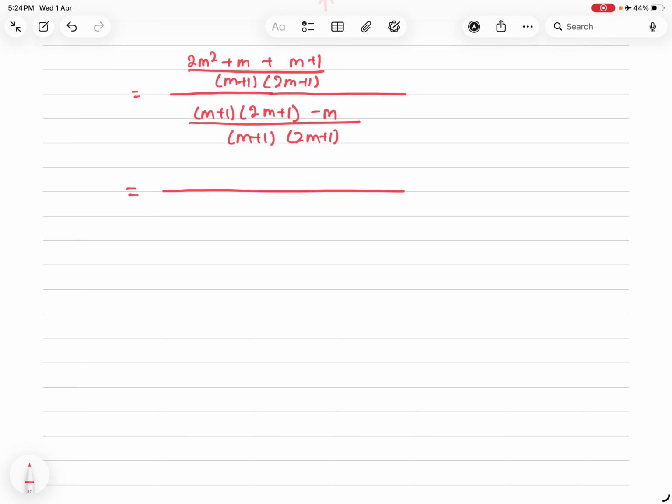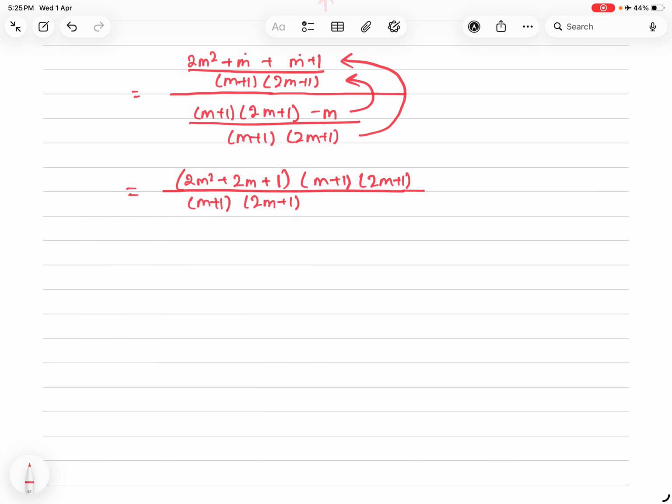So we can write this as 2m square. Make this 2m, this and this, plus 1, this into m plus 1 into 2m plus 1, and the lower part you can write as m plus 1 into 2m plus 1.